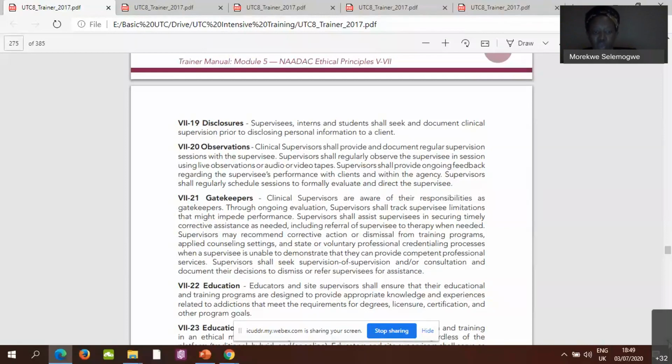And in areas where there are areas for improvement, you could also recommend extra classes or workshops for your supervisee to improve.